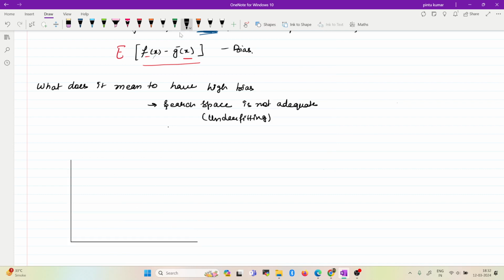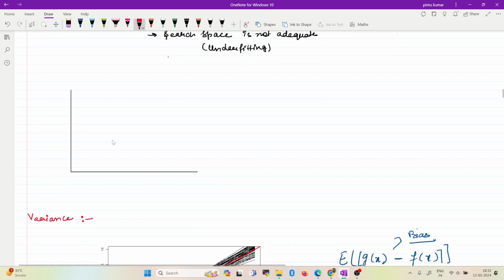Let's say I have some of these red data points that were available to me.